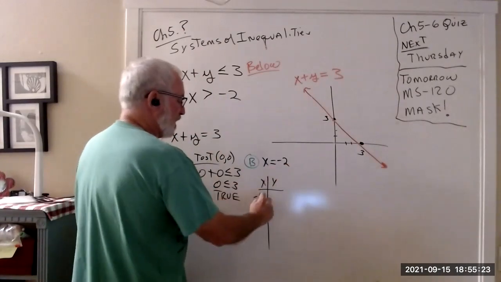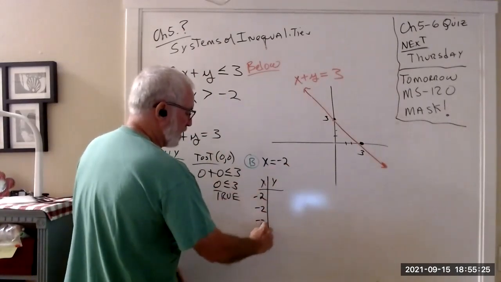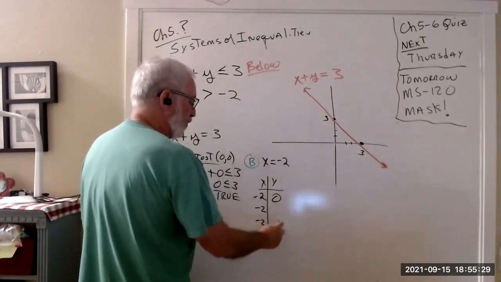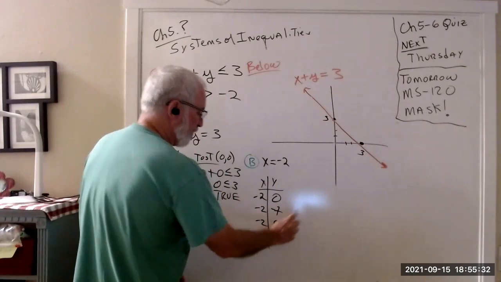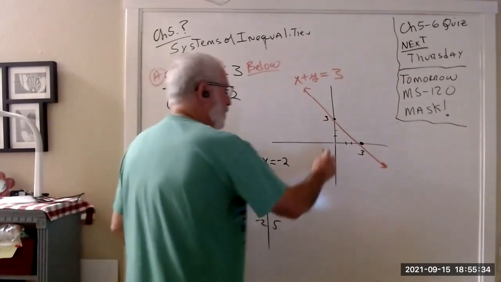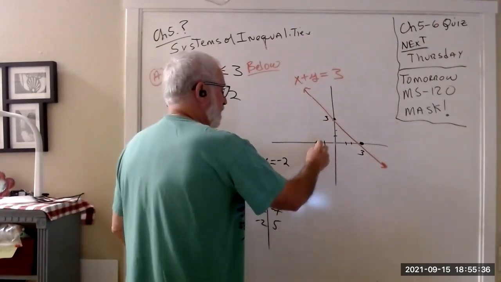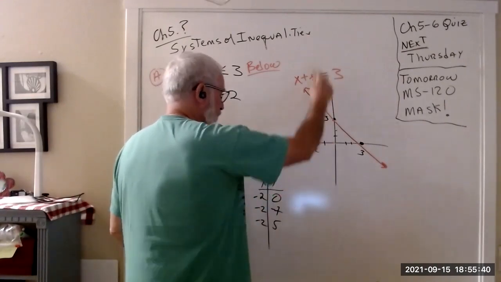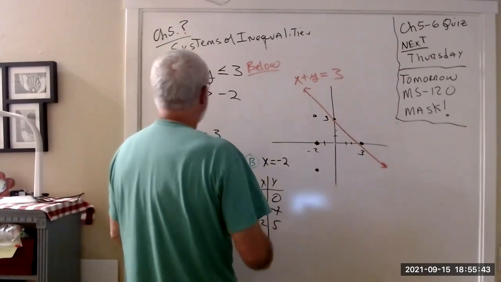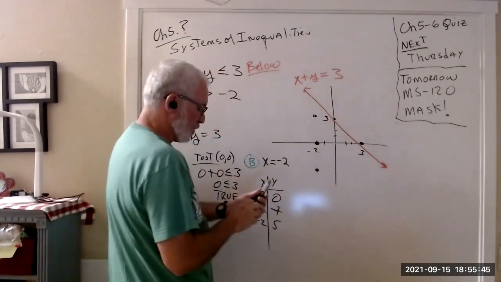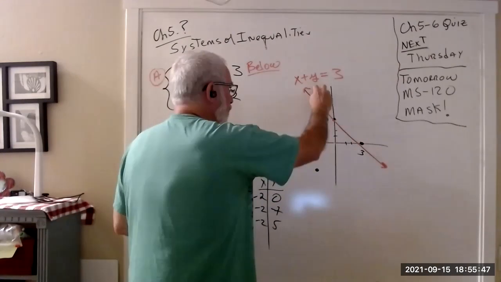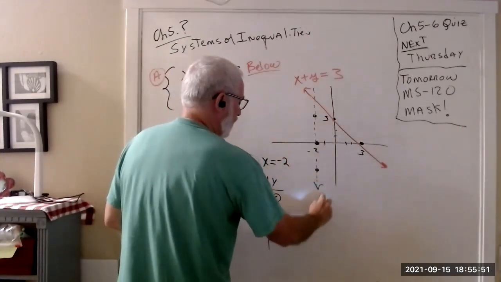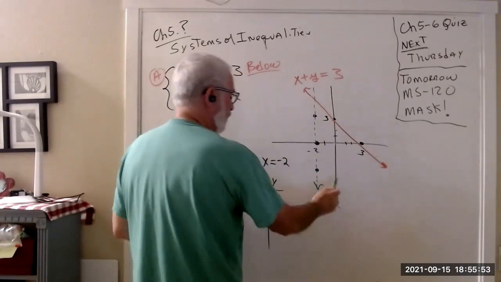What this is saying is x is locked in at -2, and y can be anything: 0, -7, 5, whatever. But when you graph that, here's -2, 0, okay, -2 something, -2 something, it's going to be a dotted vertical line, and this is x equals -2.